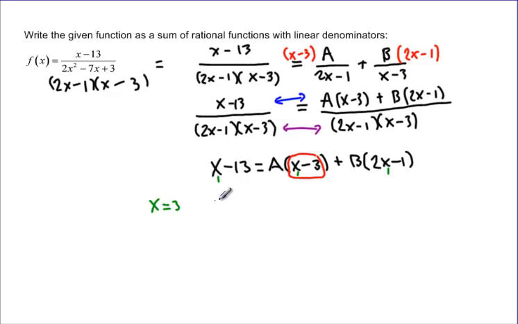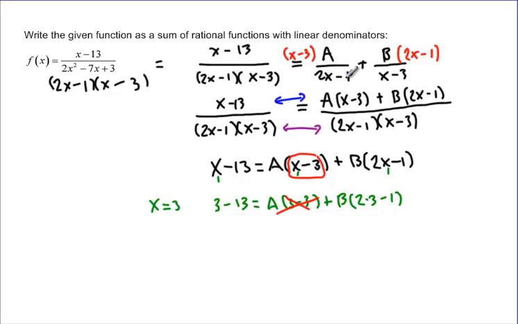I'm going to have 3 minus 13 equals A times 3 minus 3 plus B times 2 times 3 minus 1. The A term is gone.